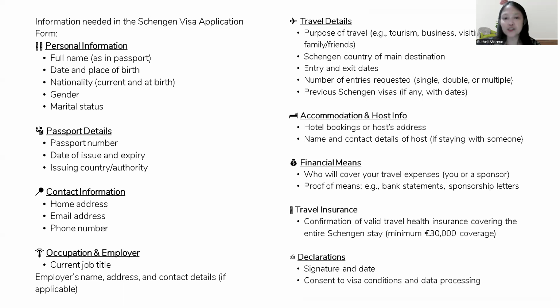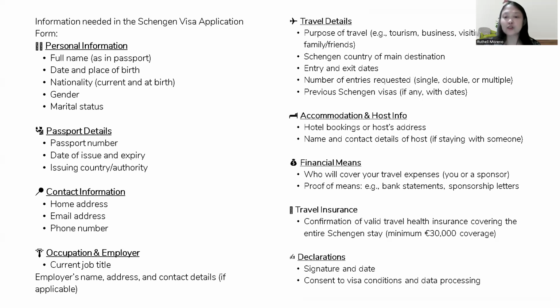Next are your financial means. Who will be covering your travel expenses? Will it be you? Or will somebody be sponsoring your travel? You also have to provide proof of your means, like your bank statements and sponsorship letters. Your entries for this financial means in your application form must coincide with your cover letter and the documents that will support your claim.